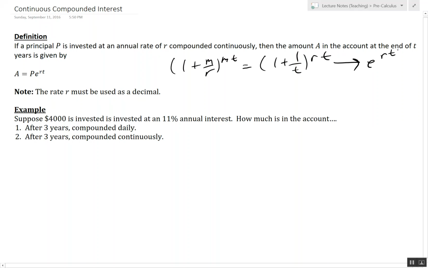And that you just kind of have to believe right now. But that's kind of the reason. The book talks about it in a little more detail, so I'll let you read it there. But this is a very calculusy thing, and if you take Calc 1, you'll learn exactly why that works. But for right now, you should believe that as t goes to infinity, this quantity will approach that quantity.